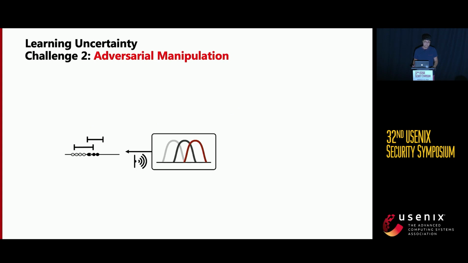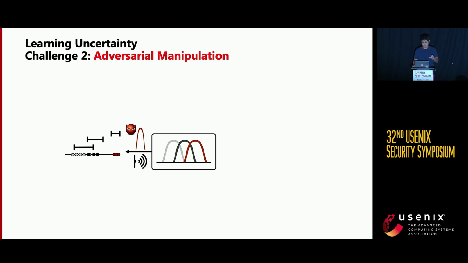The second challenge is learning uncertainty under adversarial manipulation. As we know, oracle manipulation distorts the price value, which means the prediction set model learned on top of this value can be wrong, so it produces the wrong prediction set.